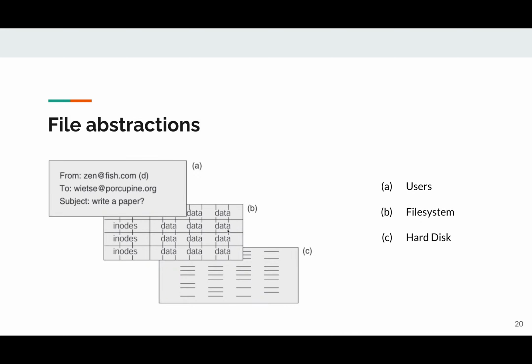And then that data is actually persisted on the disk as a sequence of blocks. We're going to talk more about how these things are implemented in the file system module.